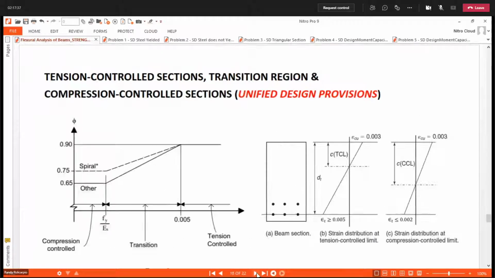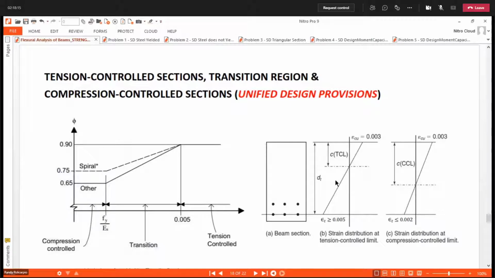Now, okay, so ito yung ating pwedeng maging behavior ng neutral axis kapag tension at compression control. Kapag tension control yung member natin, what we notice here is that less concrete. Kaya gusto nating yung beam natin tension control.